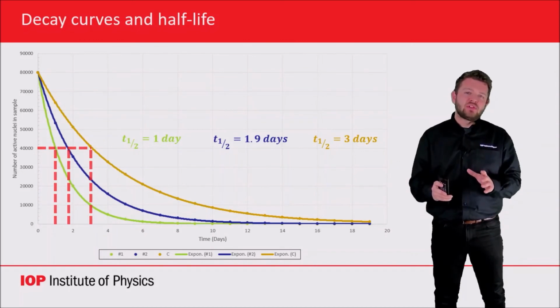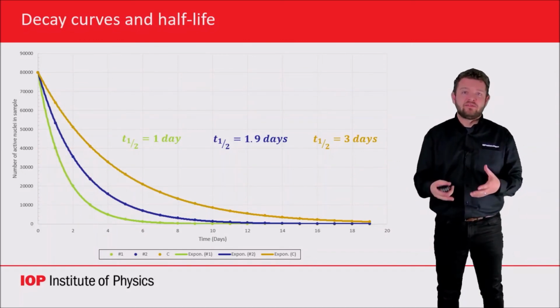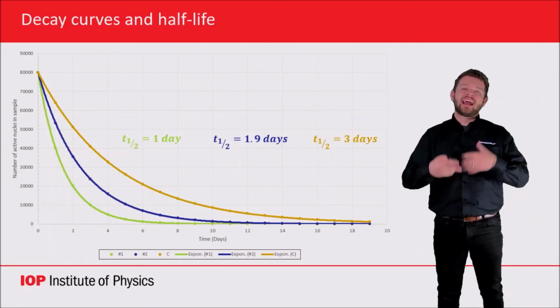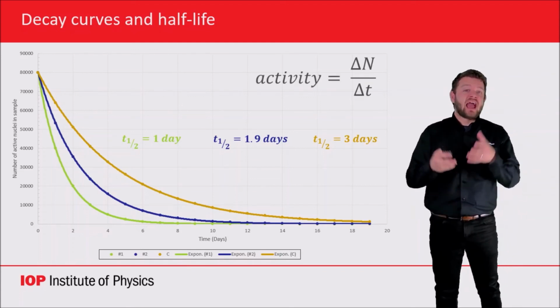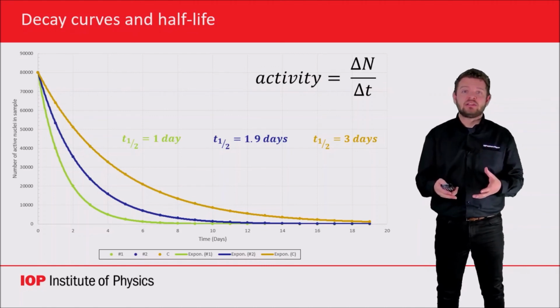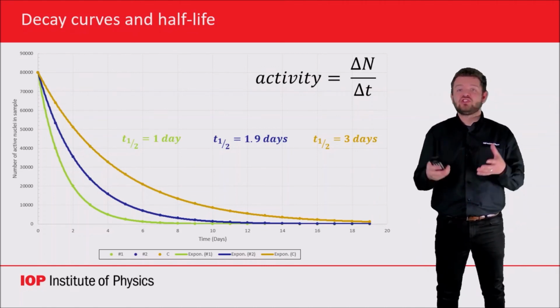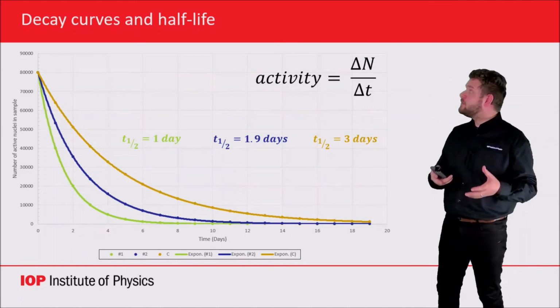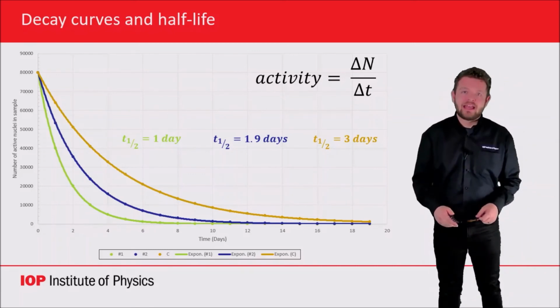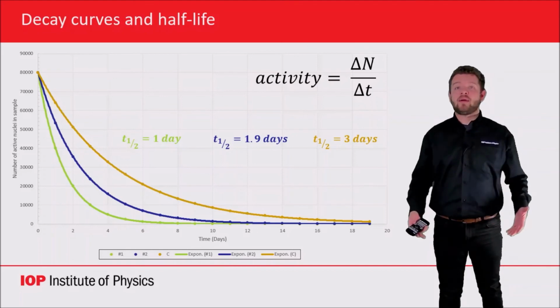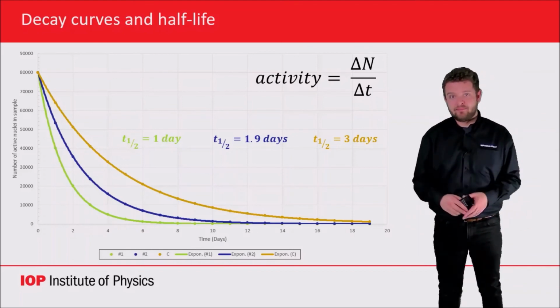The steepness, or more appropriately the gradient of these decay curves, represents the activity of each isotope, as activity is defined as the average number of decays per second and can be calculated as the change in the number of remaining nuclei over the change in time. The steeper the line, the higher the activity, meaning the radioactive sample is decaying quickly.